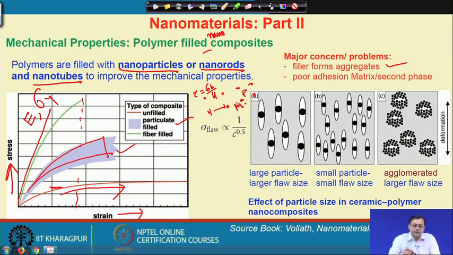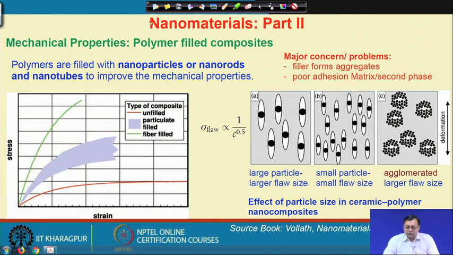How does it really affect? We will discuss in a minute. Let us assume that I have a large particle. Here large basically means micrometer size or much bigger, say 250 or 300 micrometer size. So I may have such a particle inside a matrix.